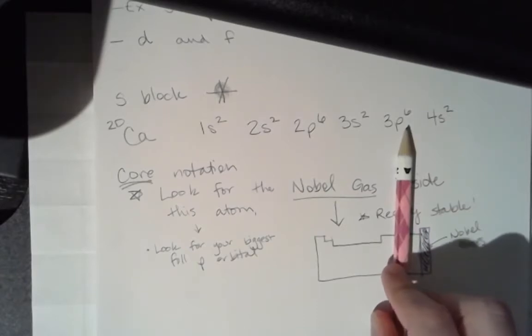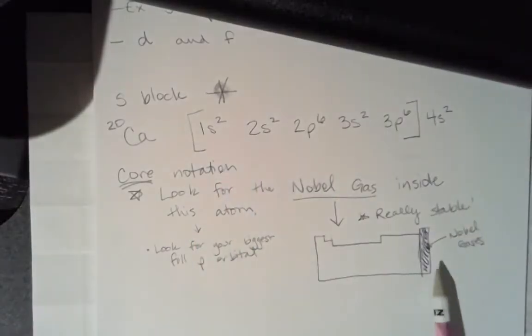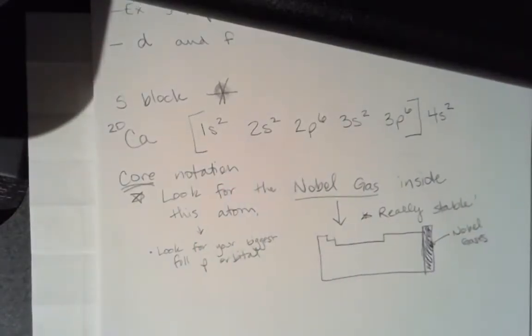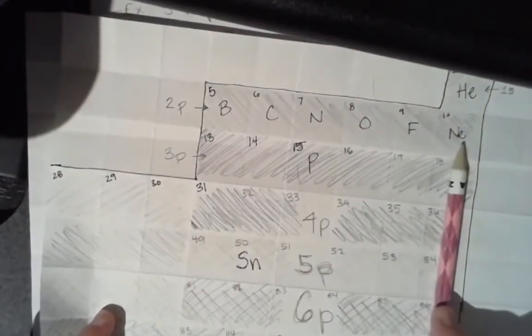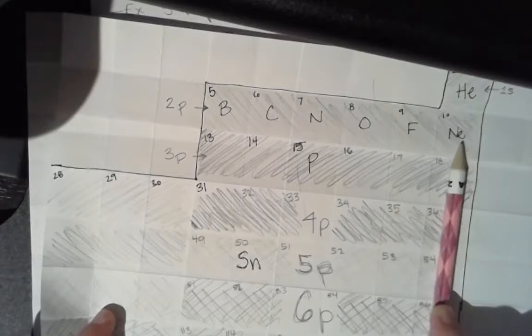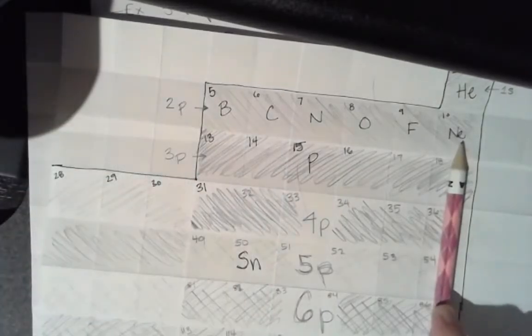That is your core. Because your noble gases are over here in the p block, and they're that 6th row in your p block. So your noble gases are your full p orbital at that point. Whatever the biggest p orbital that you have filled with all 6 electrons, that's your noble gas inside.